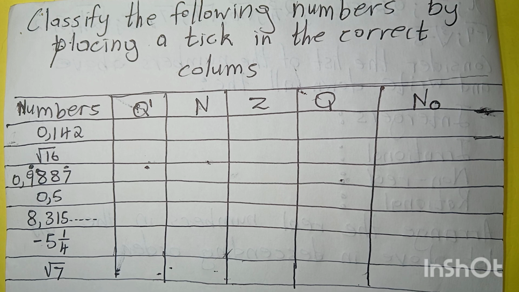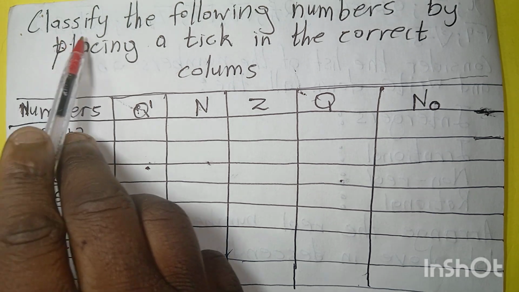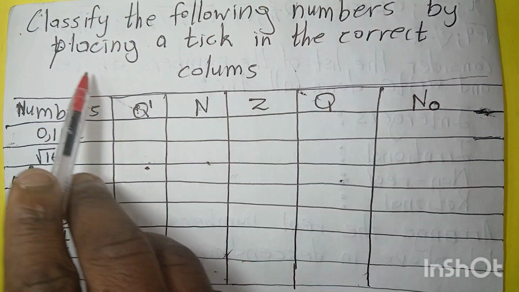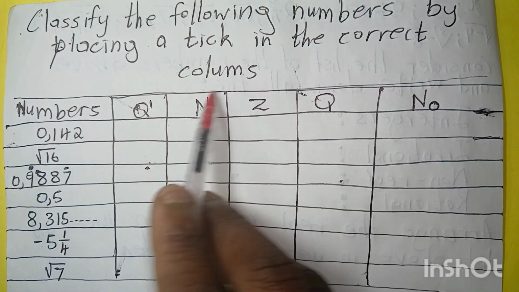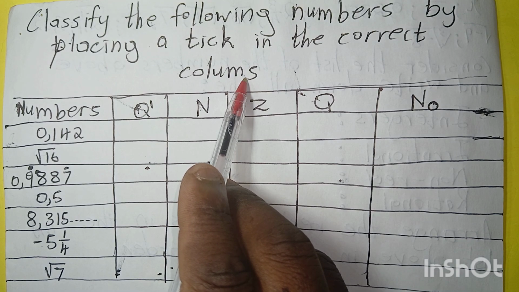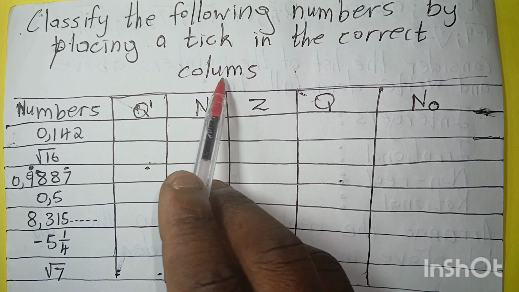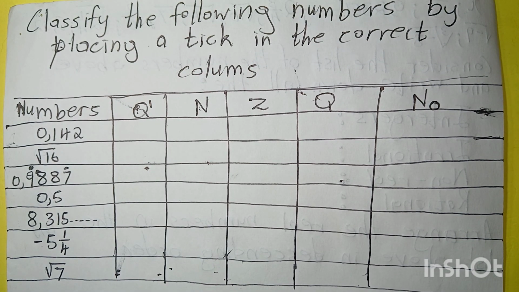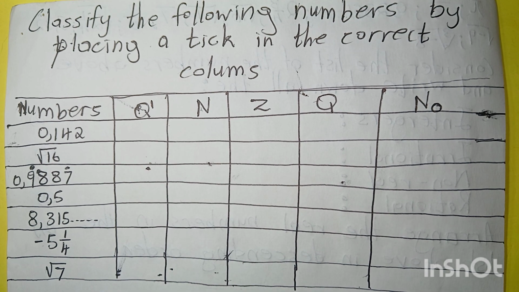So just imagine you come across this question in a test. It says classify the following numbers by placing a tick in the correct column. So here you must place a tick in the correct column, but the problem is what?